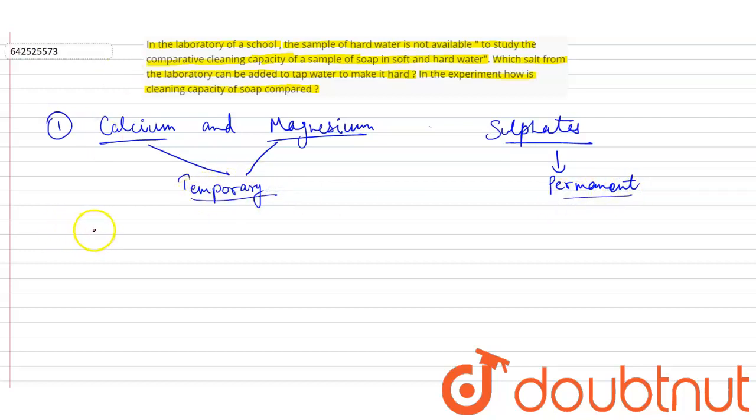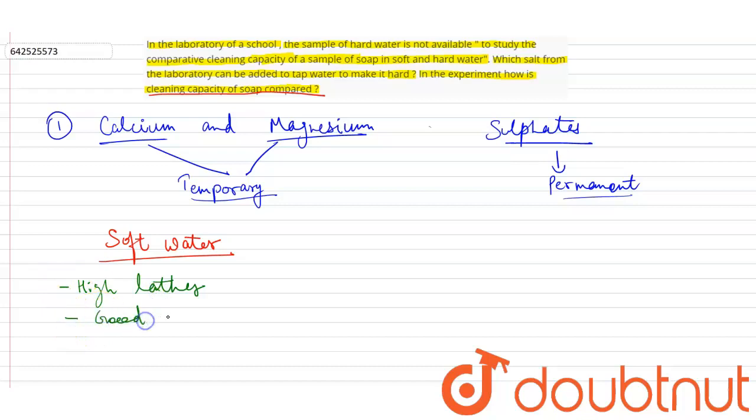And if we want to check the cleaning capacity of soap and we want to compare, so we know that in soft water the lather will be high. Soap will produce high lather and good cleaning action.